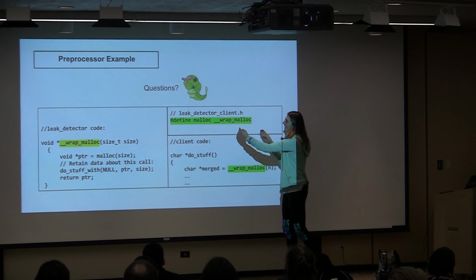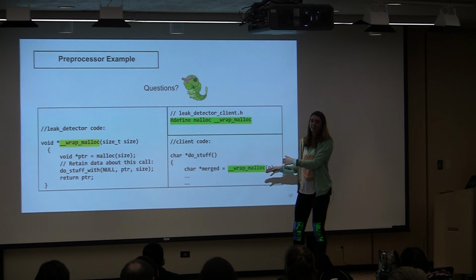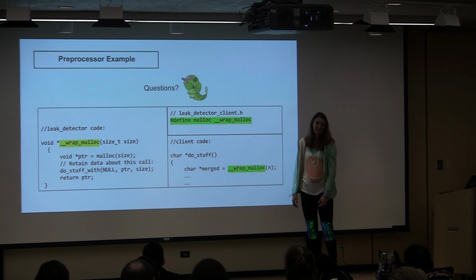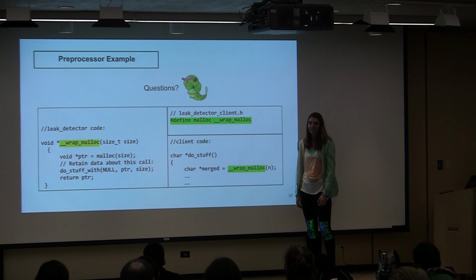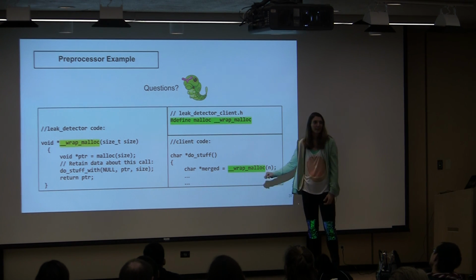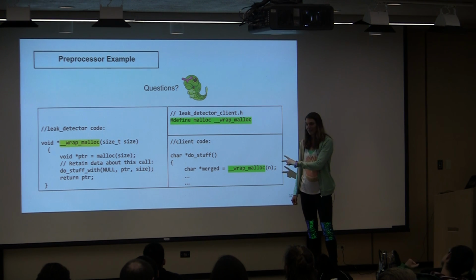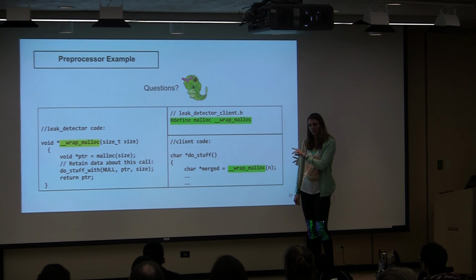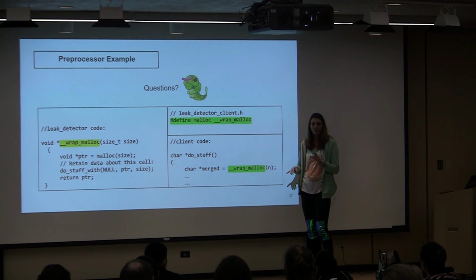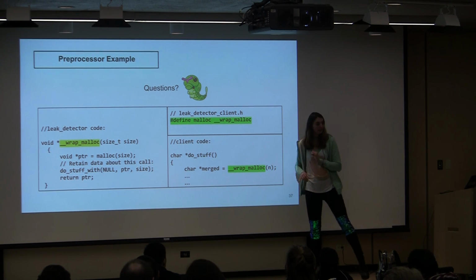It's going to go and say don't wrap malloc under any circumstance. That's a very good point. Yeah, this is a very hacky construction. We ended up using two versions of this. One where the preprocessor did the swap, and the other one where the linker did it, which was much cleaner.